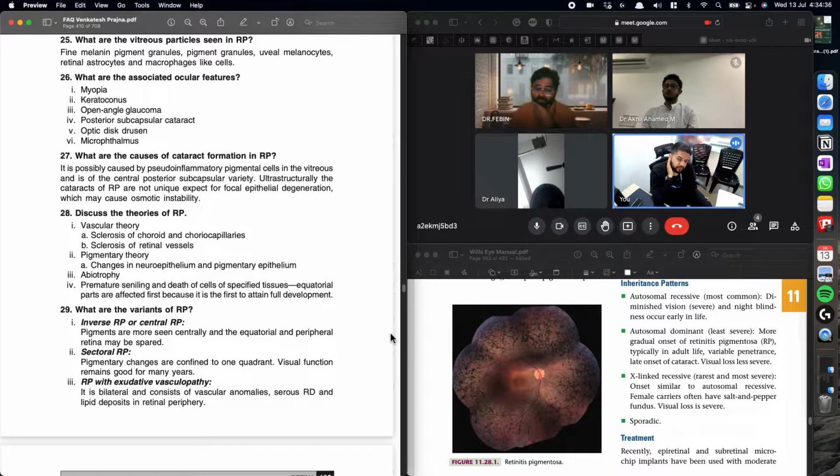Now, what if, Anya, this is a question for you as well. What if the mother is affected, she is having both genes affected, and the father is okay? What are the chances of the child developing an X-linked recessive RP if he is a boy? 100%.